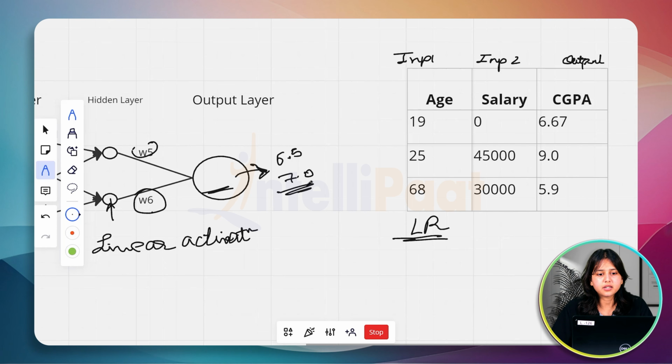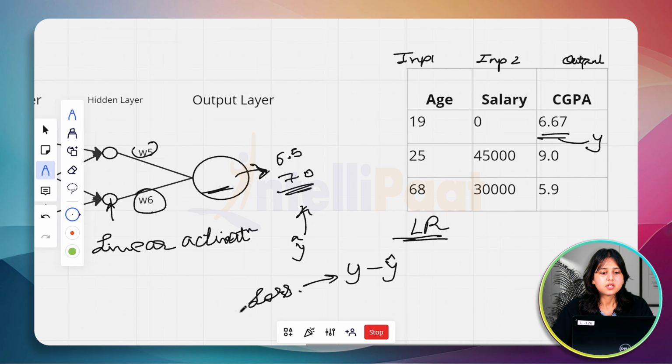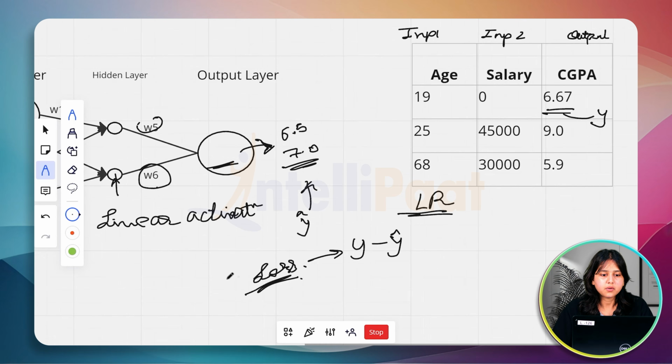So whatever our predicted value here is, let's call it y hat, and our actual value, let's call it y. The difference between y and y hat is basically what is known as our loss. So in order to have a really good model, or a high accuracy model, we want this loss to be as minimum as possible.